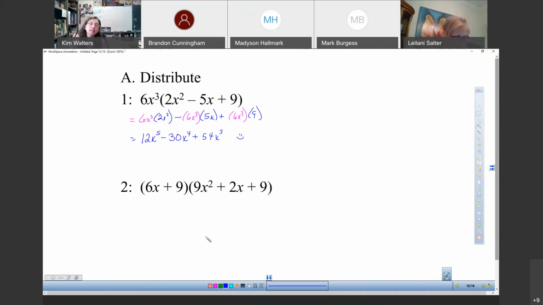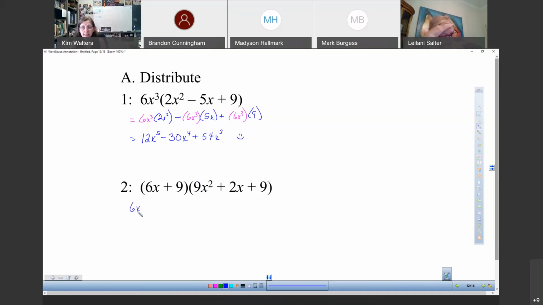Okay, so this next one, we're going to do exactly the same thing, except that I have 2 parts that have to be multiplied by everything. So I have this 6x that has to be multiplied times each piece, and I have 9 that has to be multiplied by each piece. So I'm going to start with the 6x.